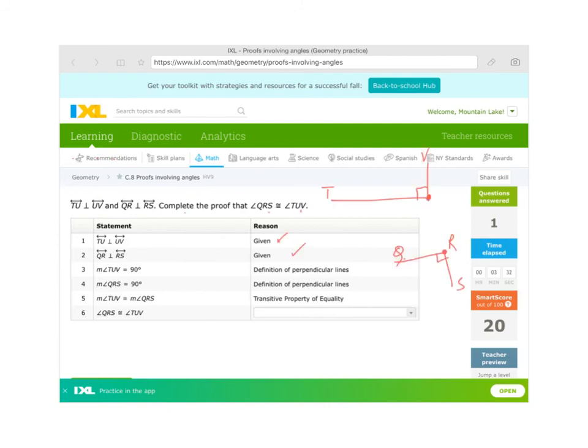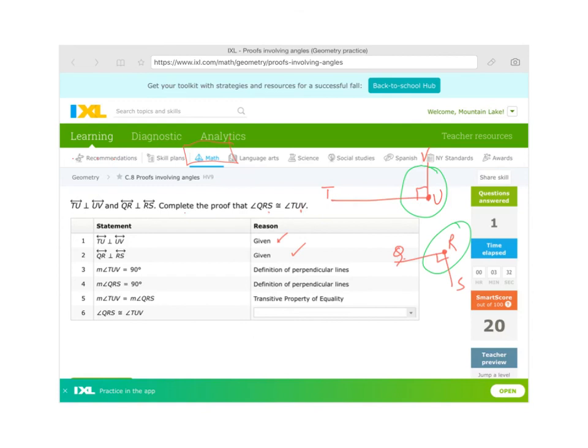So now the question is, what can we say about QRS and TUV? Let's put a U over here. So we want to prove that they are exactly equal. So how did we get TUV to be 90 degrees? Now we know the definition of perpendicular lines is that the angles meet at 90.